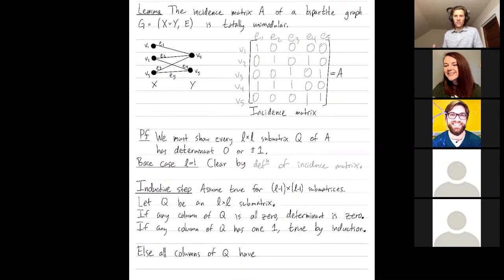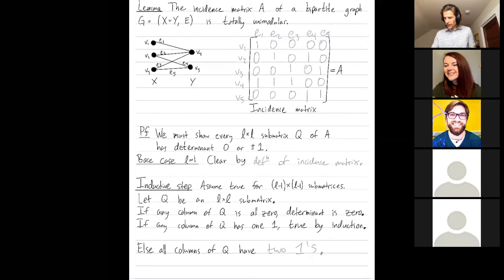If no column is all zeros, and no column has just a single one, then every column of Q has 2 ones. So we've cut things out in a way so that in all of the remaining columns, we have 2 ones that still remain in each column. Let me do a picture like that.